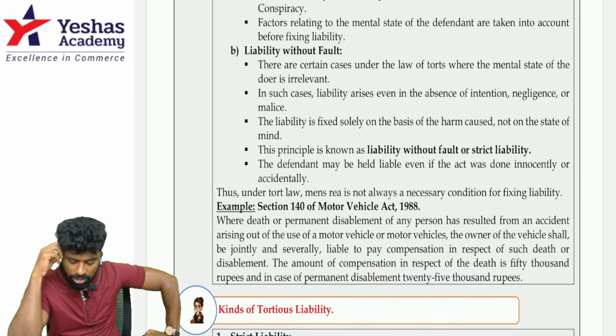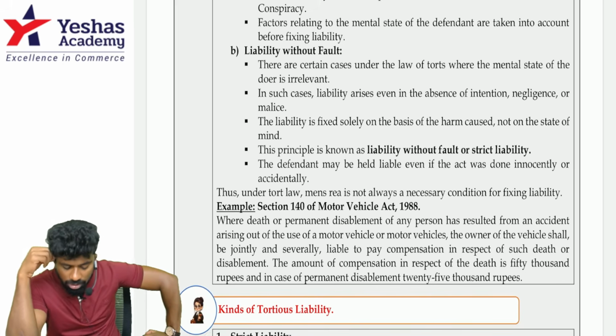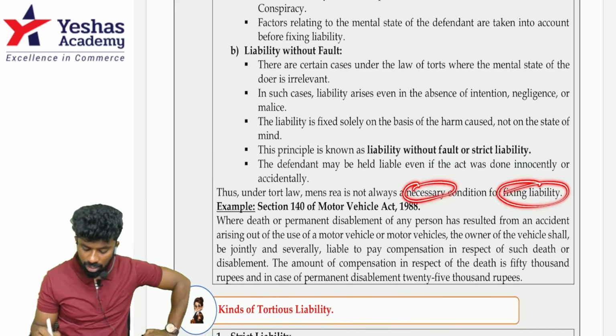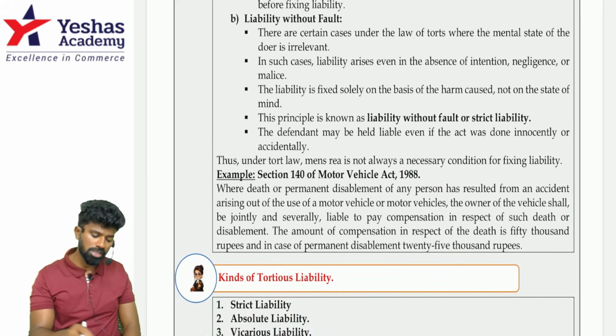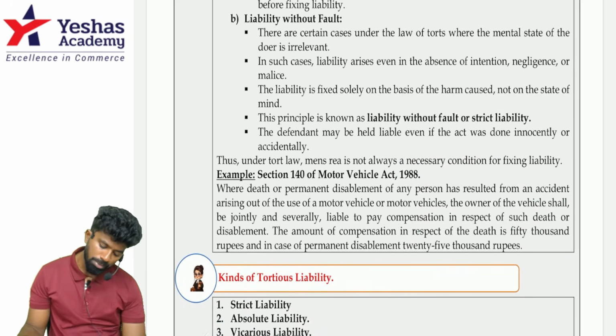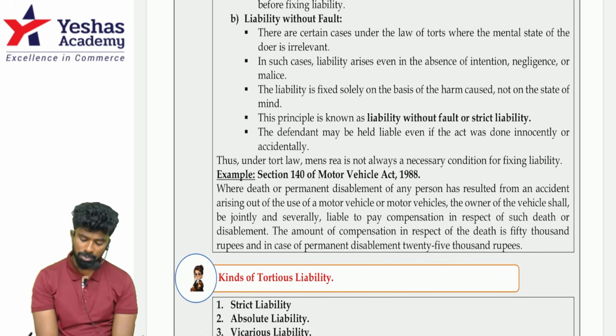Example for strict liability or absolute liability. Thus, under the law of tort, mens rea is not always necessary for fixing liability. For example, we have the Motor Vehicles Act, where death or permanent disablement of any person has resulted from an accident.